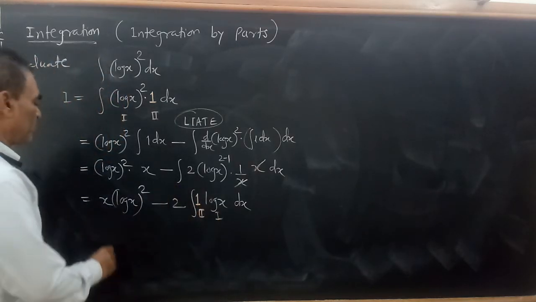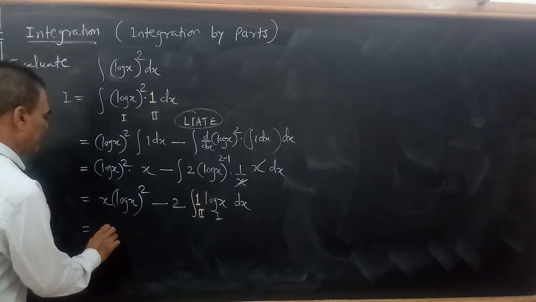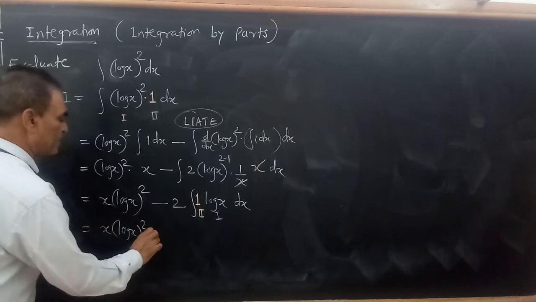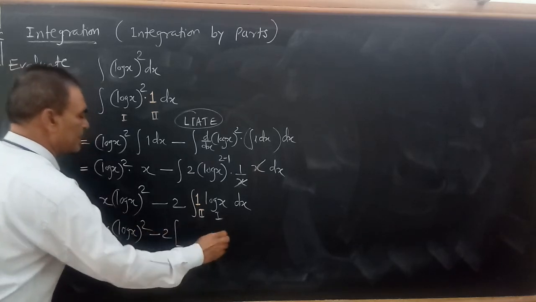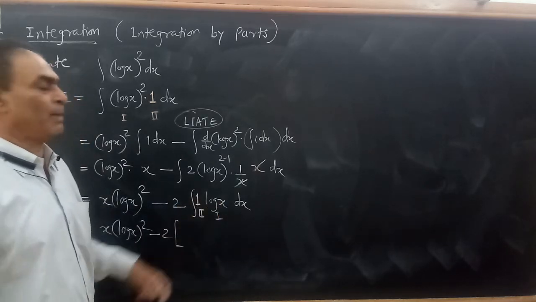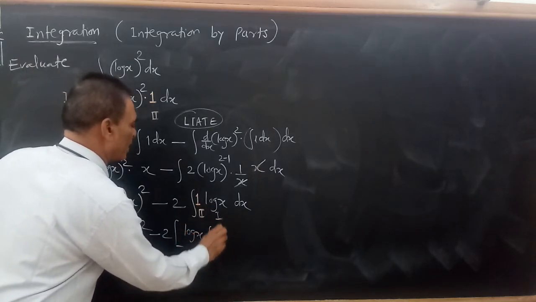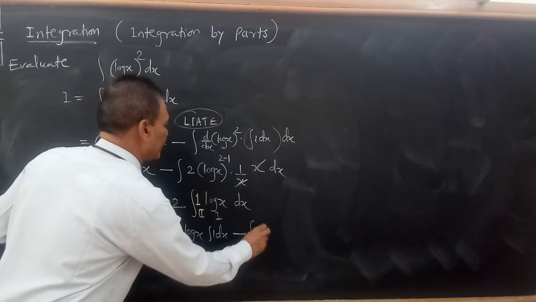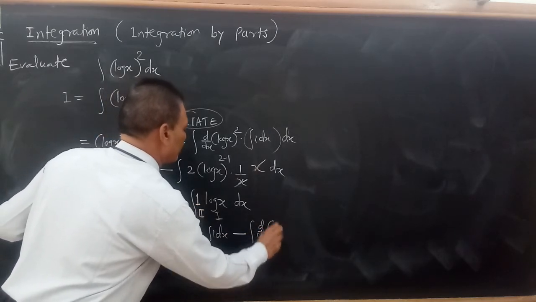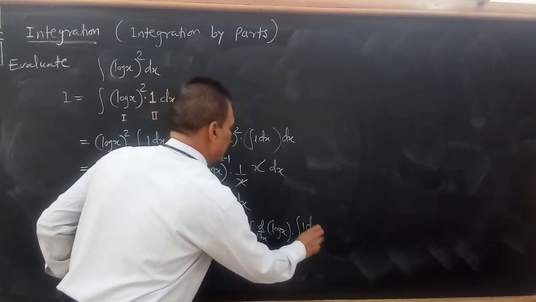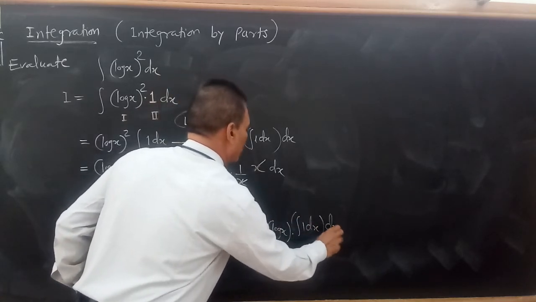And that rule is like this: x log x bracket square keep as it is, minus 2 is also as it is, and then apply integration by parts again. Log x integration of 1 dx minus integration of derivative of log x into integration of 1 dx and one more dx.